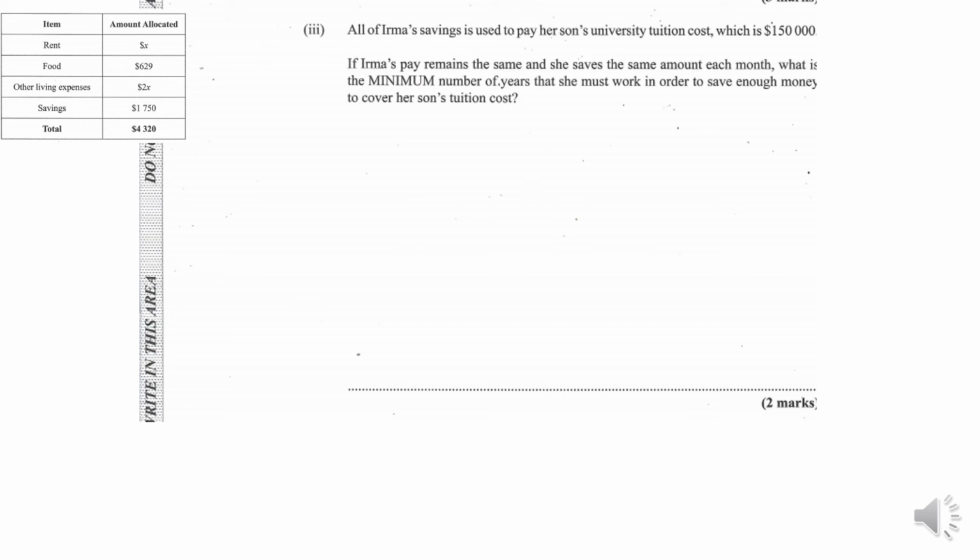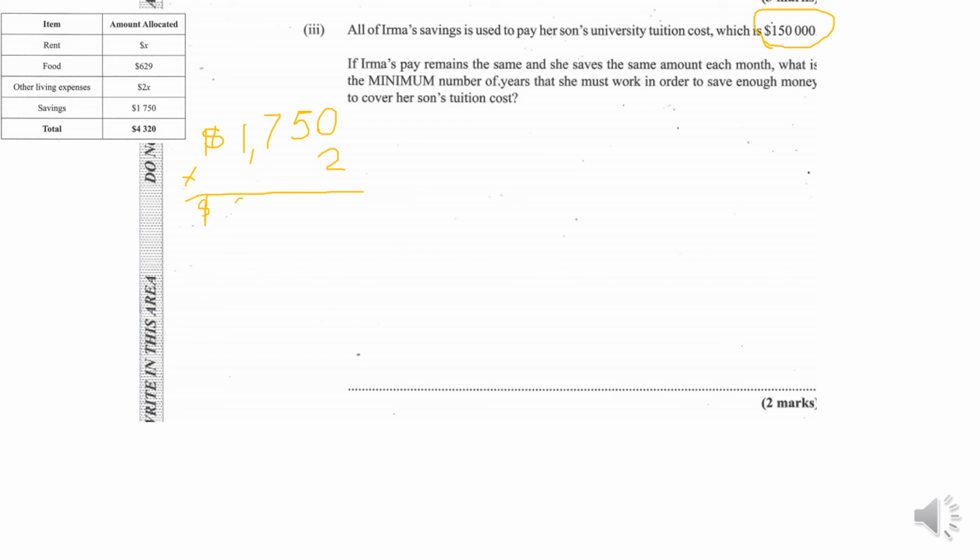Good, so some important information here is the tuition cost is $150,000. The amount of money she saves every fortnight is $1,750. Now remember, a fortnight is every 2 weeks, so in 1 month she would save twice this amount. We're going to get $3,500 here.